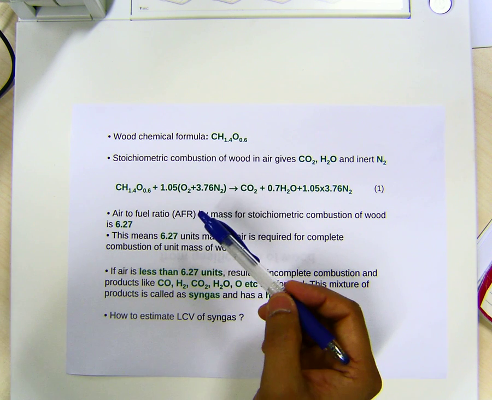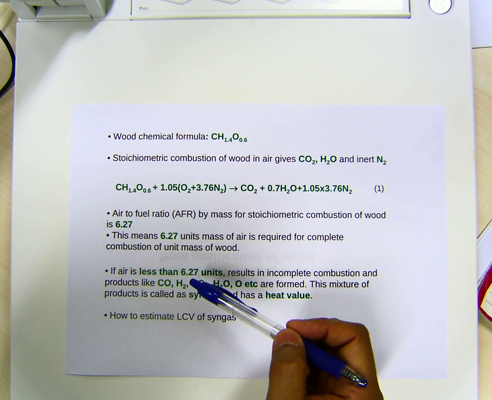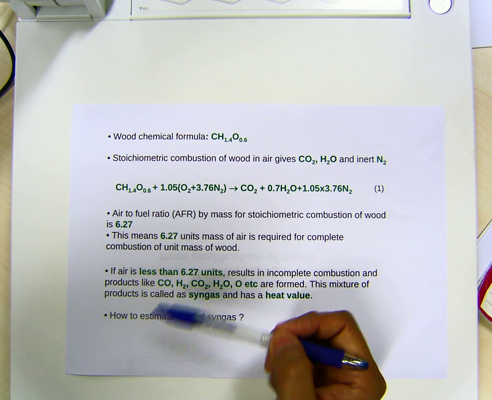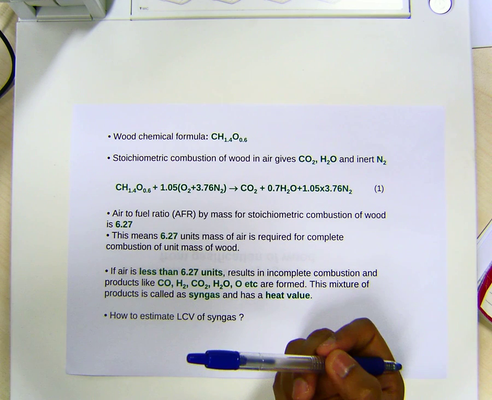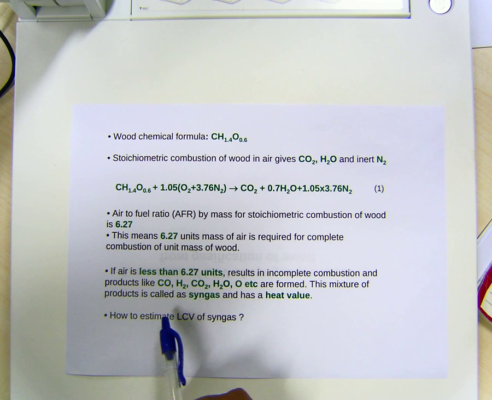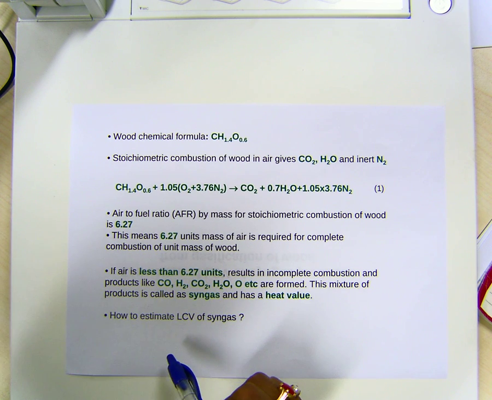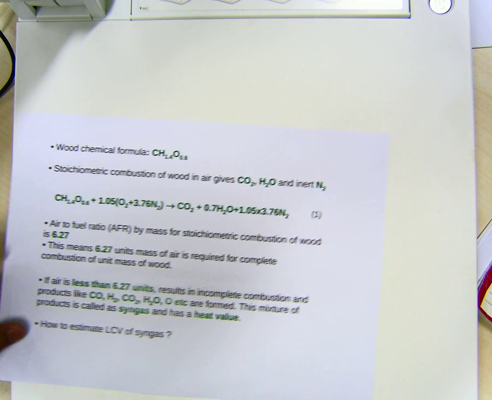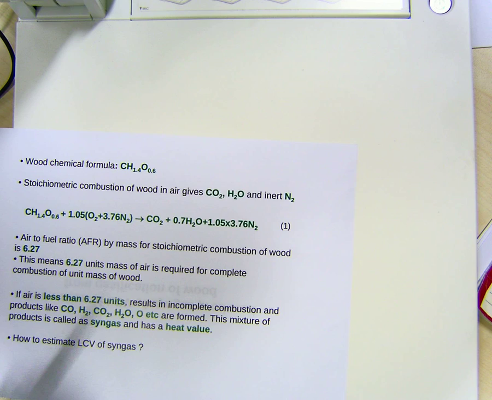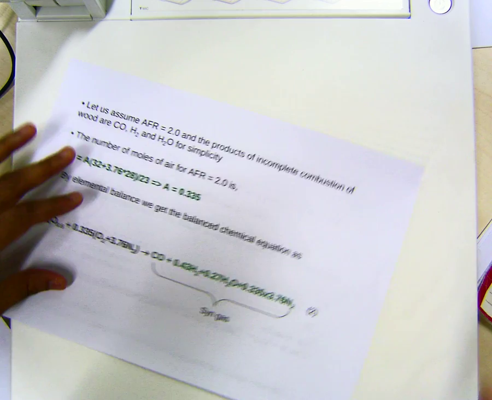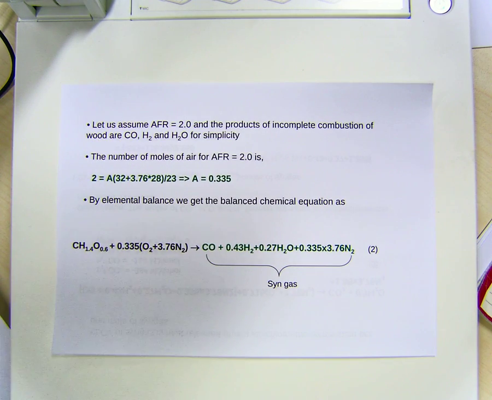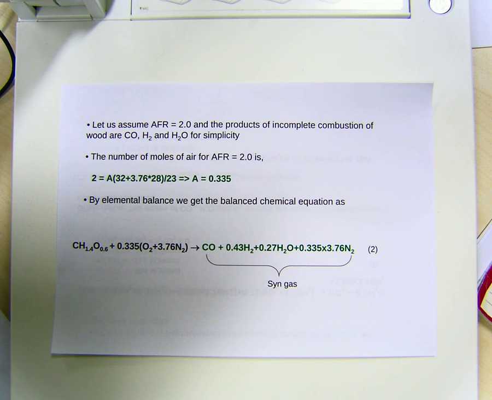But when we actually burn that wood in the presence of less air, we get syngas. Then how to estimate the LCV of that syngas? Let me take you into the next portion of the calculation of LCV of syngas.